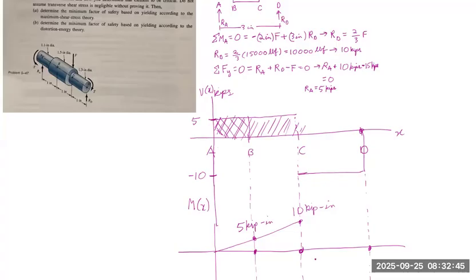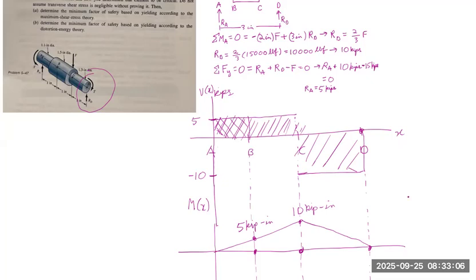So then the moment will return back to 0, and this time the slope will be negative as indicated on the shear diagram because the area under the curve is negative, and it will return to 0, which is expected because the moment at D is 0.